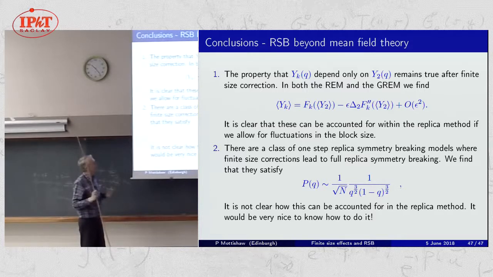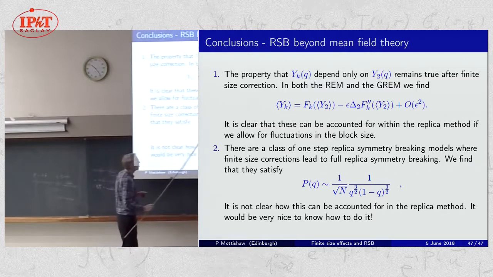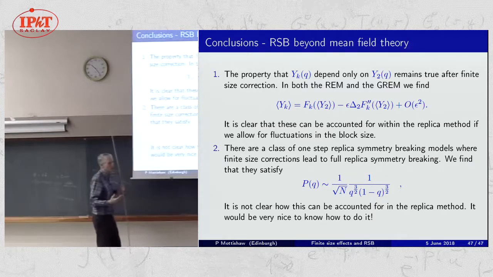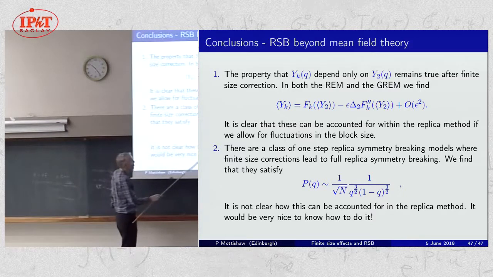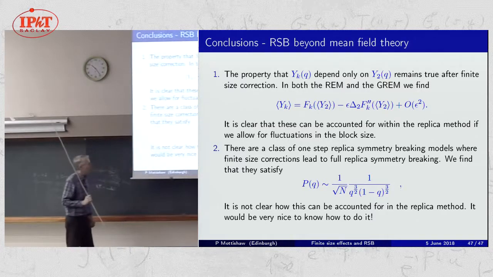So there's a reasonable way of seeing how you would adapt the replica method to give those types of results. There's also this case where, even if you're just looking at a problem with one step of replica symmetry breaking, you've got two delta functions in P of Q. The finite size corrections have this rather interesting form where it depends on root n, but with a particular structure for the dependence on Q.